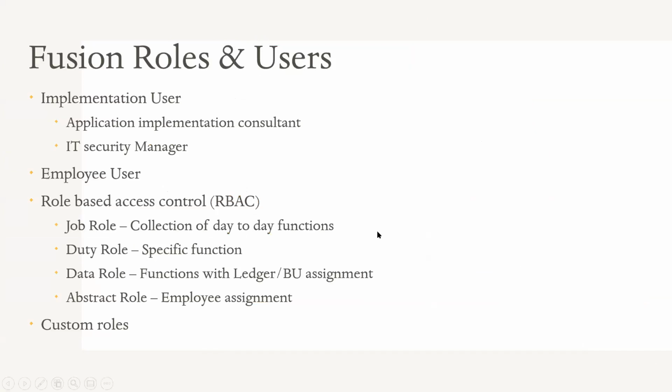Okay. And then we have Fusion roles and users. Before going into Fusion roles and users, basically we will have to create an implementation project. In R12, we will have what we call a fresh instance to be created, and we will prepare an Excel sheet where the project manager will create a plan: where do we start, where are we, the progress and everything.